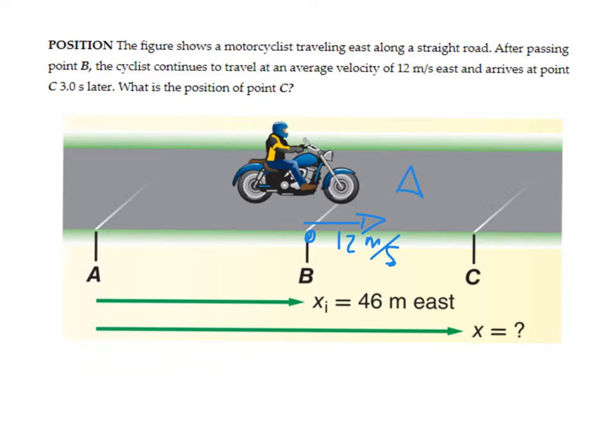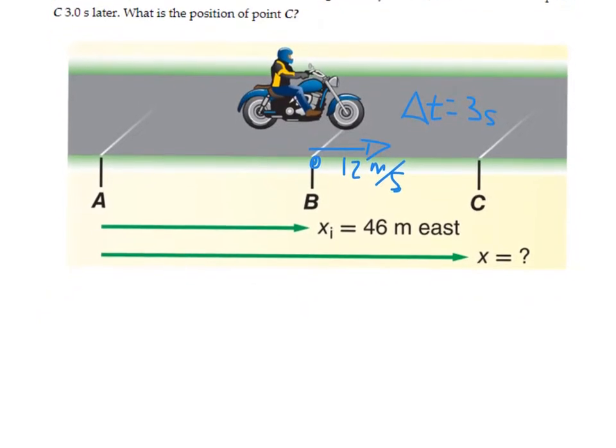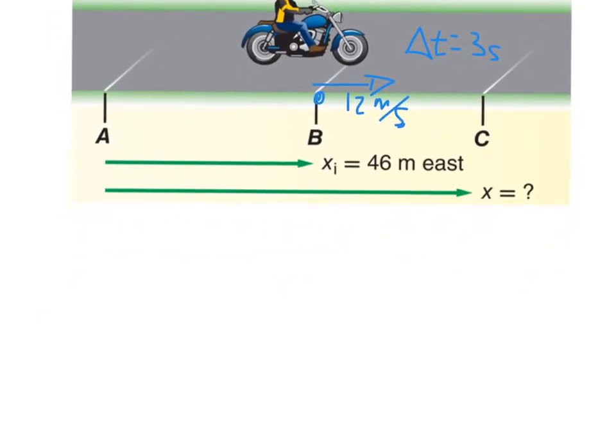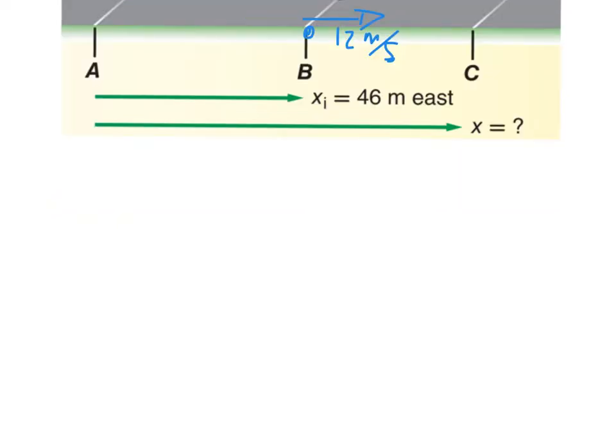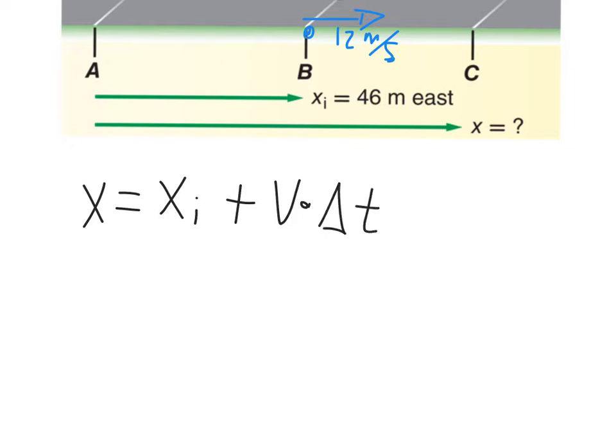So we're going to have as initial data the 12 meters per second, that is the velocity, 3 seconds, that is the time interval, and the initial position, that is 46 meters east. So I'm going to use the formula and substitute the data. In the formula the position is equal to the initial position plus the velocity times time interval.